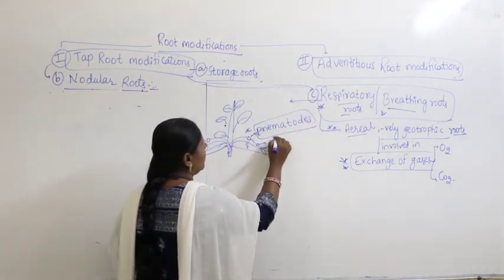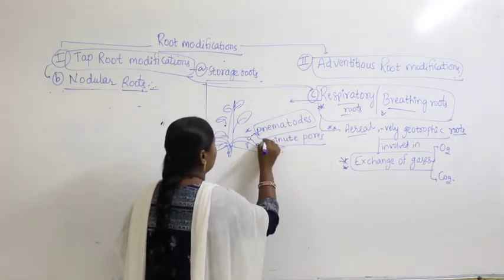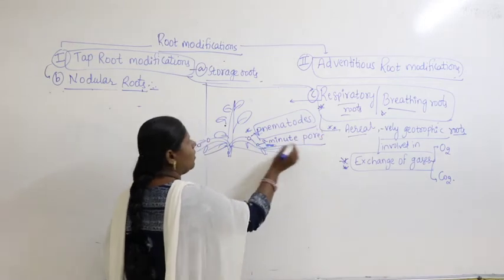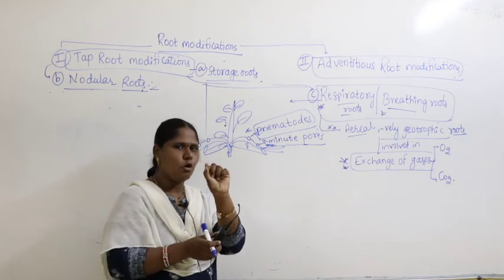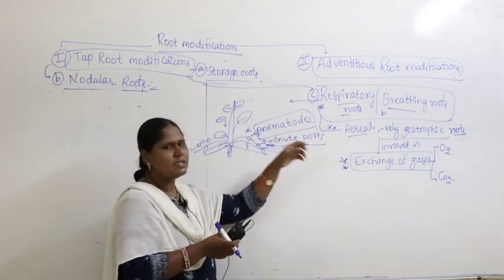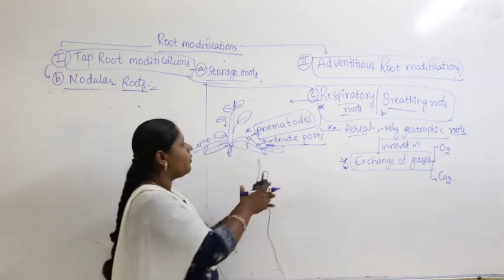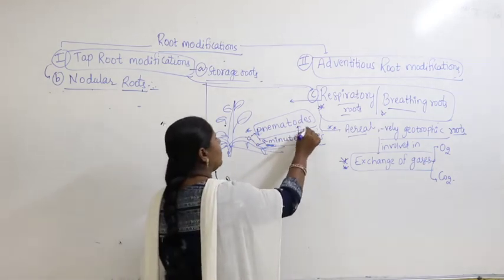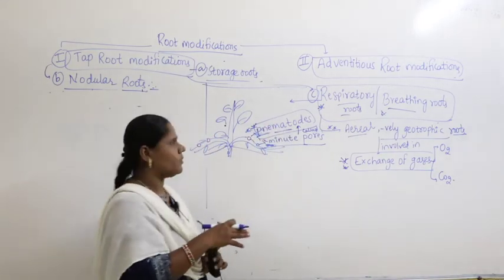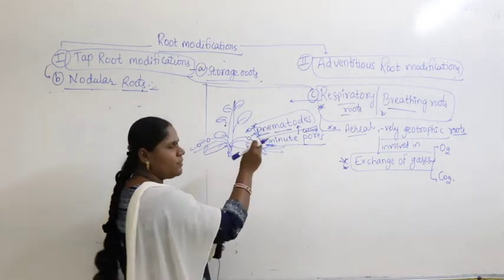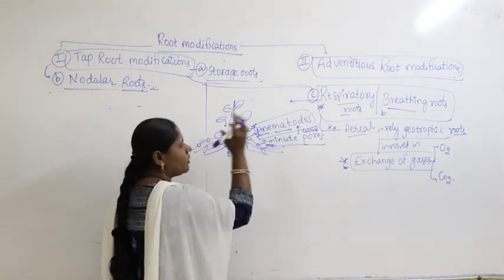They are nothing but minute pores. Minute means very small, tiny. Pores means openings. So these minute pores are called pneumatodes. What is the purpose of having these small openings called pneumatodes?